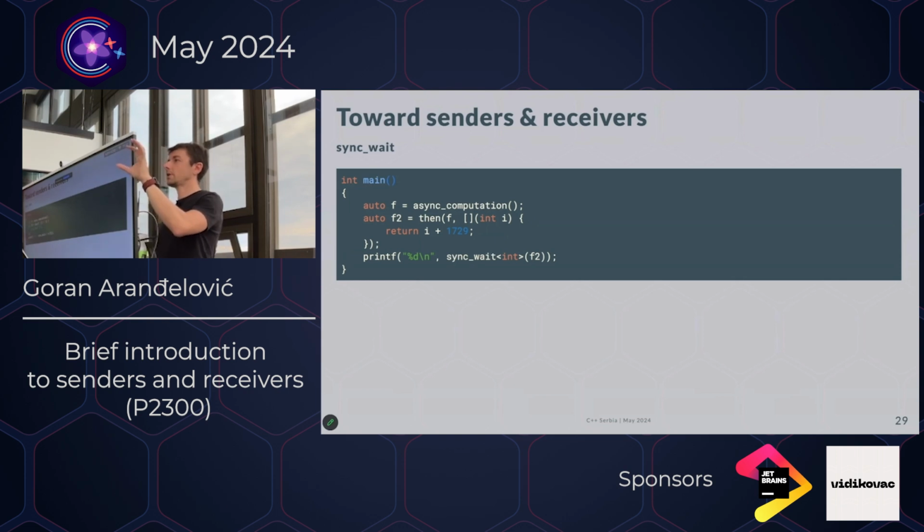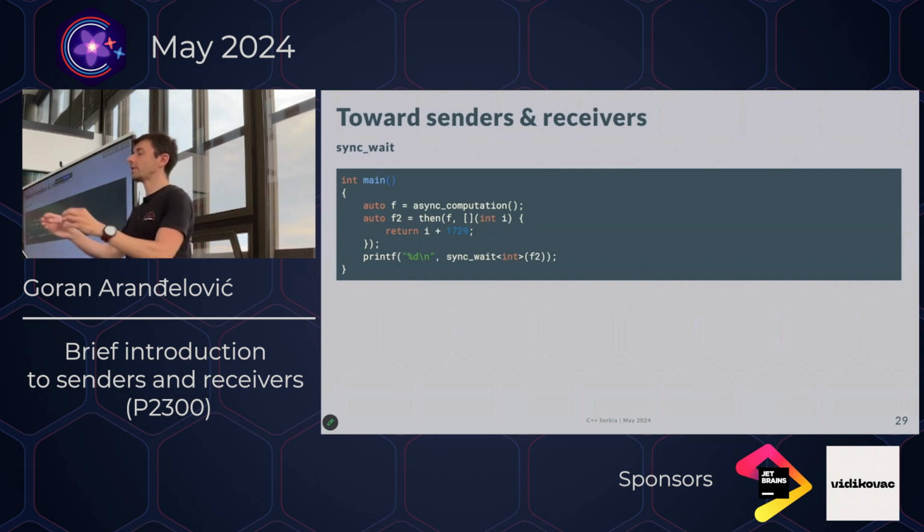Because you have an async computation, and if you want to chain another async computation, you can do it like this. Why not? But it doesn't mean that you need to execute it on the same executor, right? You can decide. If you don't make any decision, it will probably be executed on the same executor that you started from. Okay?